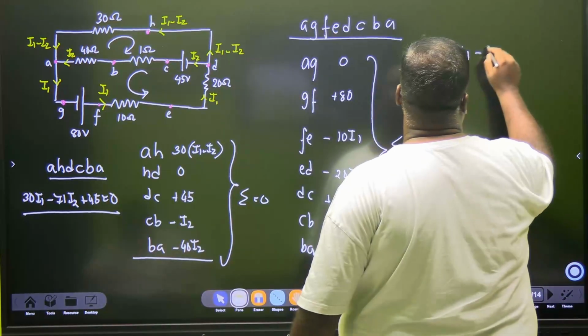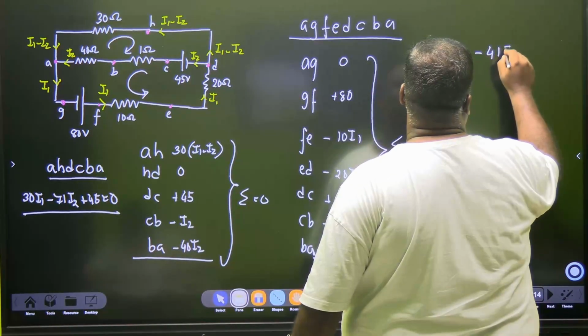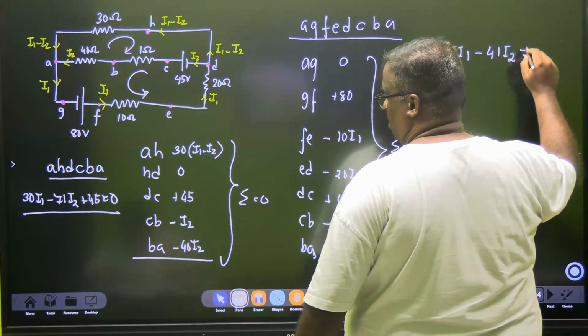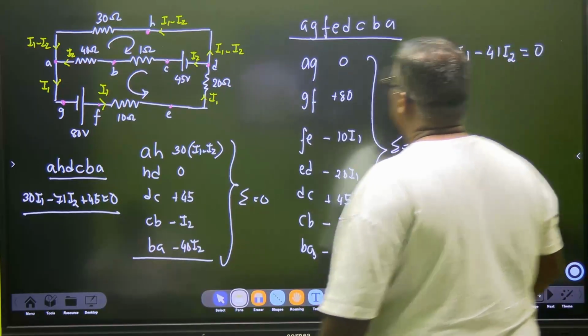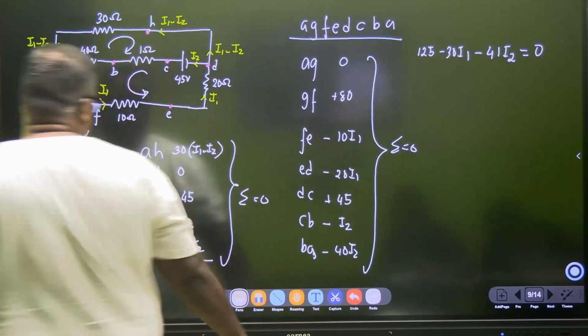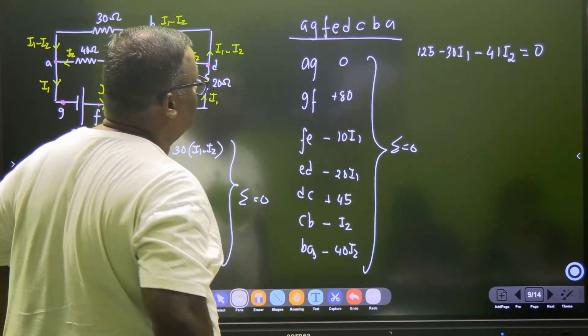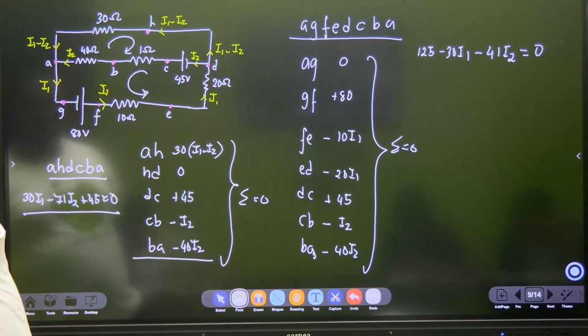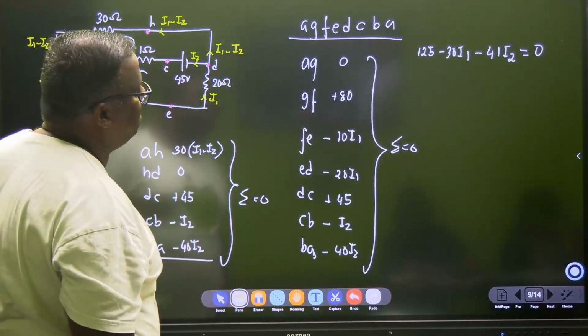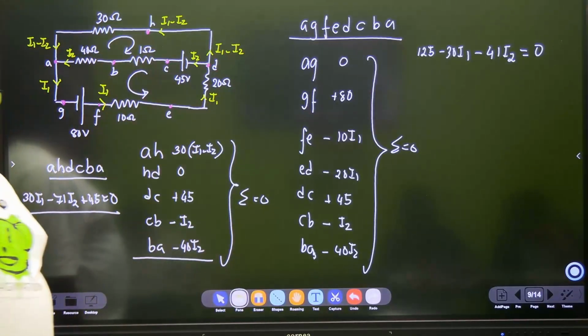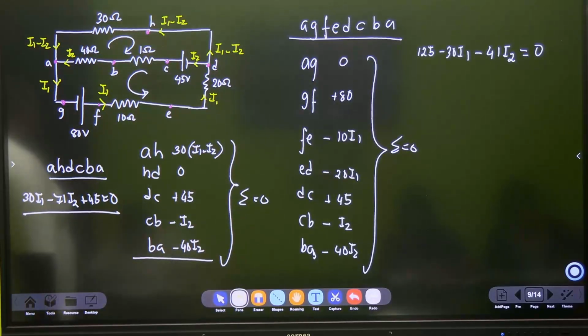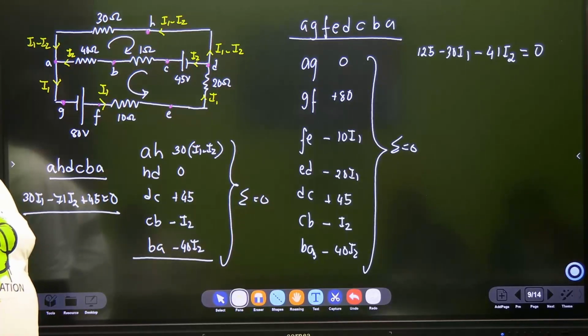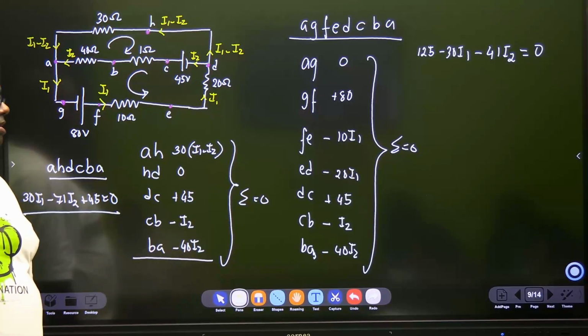So I have a minus 41 I2 is equal to 0. These are the two equations. Did you get it? Did it tally? So you can solve it.